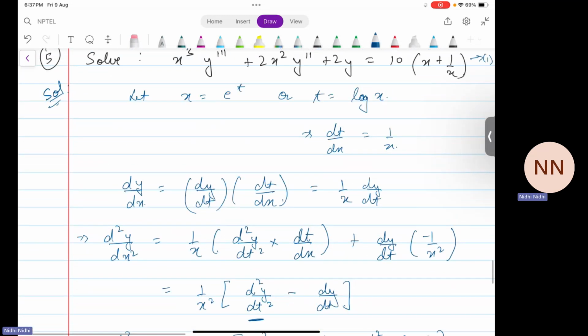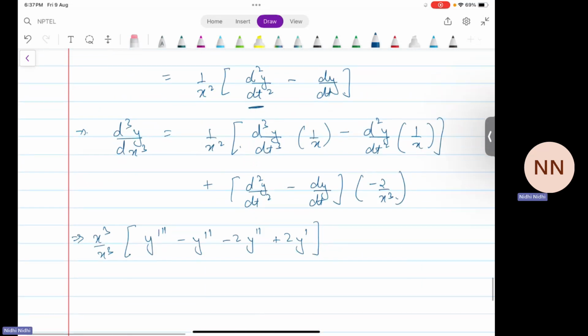Then we have 2x square by x square, y double dash minus y dash.